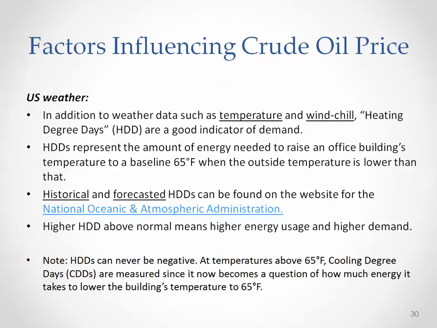So in addition to looking for data such as temperature or having a potential prediction of wind chill, there's also another indicator called HDD, or heating degree days, that is a good sign for energy demand.